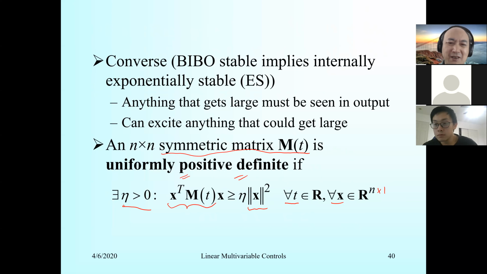But here we don't say that. We just say this is a lower bound. Then of course it's positive definite. But because we have this inequality with M of t, and you only relate it to eta, and eta no longer contains any t here, that's good. That's called uniform. Okay.